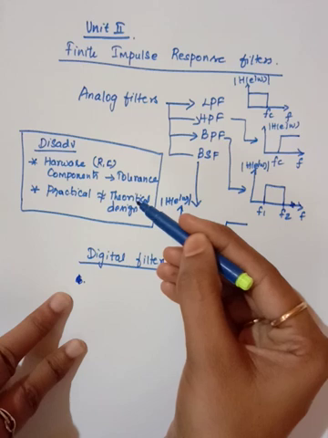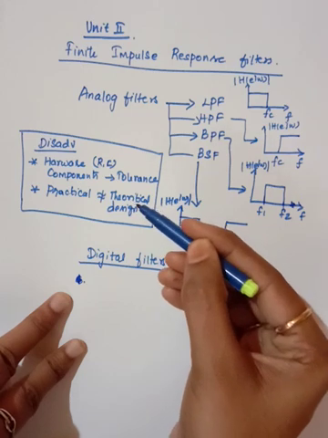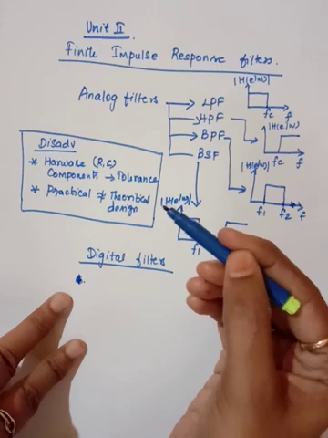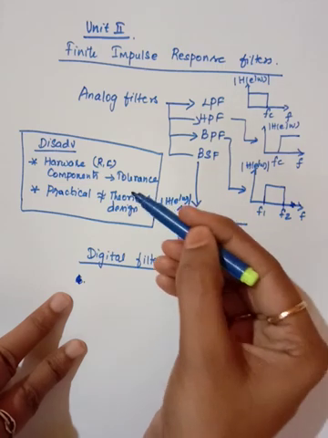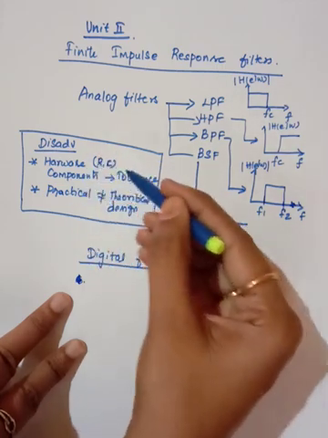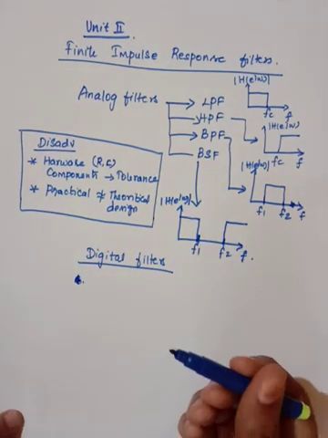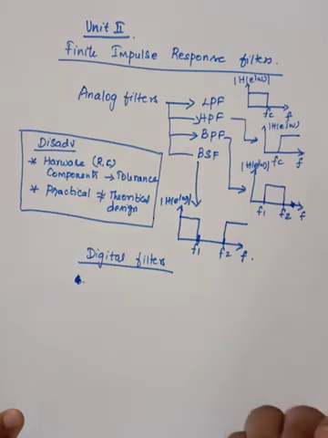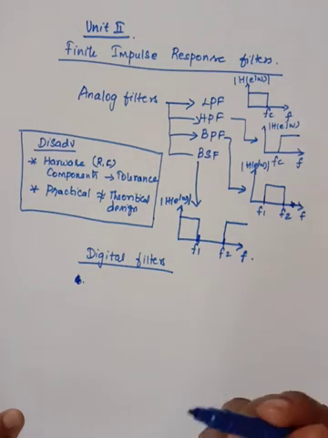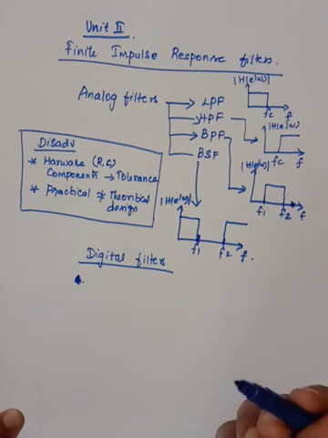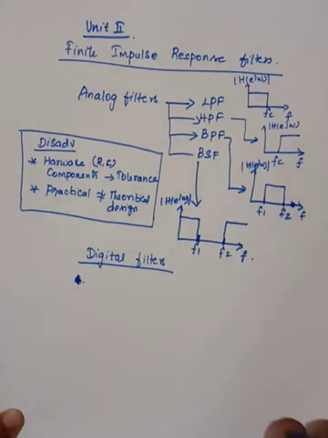So we are going to design an algorithm by incorporating some constraints, without using passive and active components. The algorithm will perform the functionality of a filter so that it will transmit the frequency of interest and block the unwanted frequency.